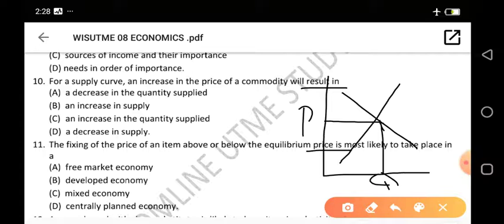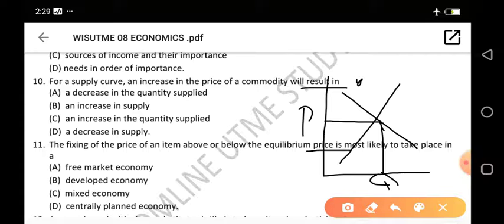If government is fixing it below the equilibrium point, it is called maximum price, or what we call the price ceiling. If they are fixing it above the equilibrium point, meaning here, it is called the price floor, or what we call the minimum price.